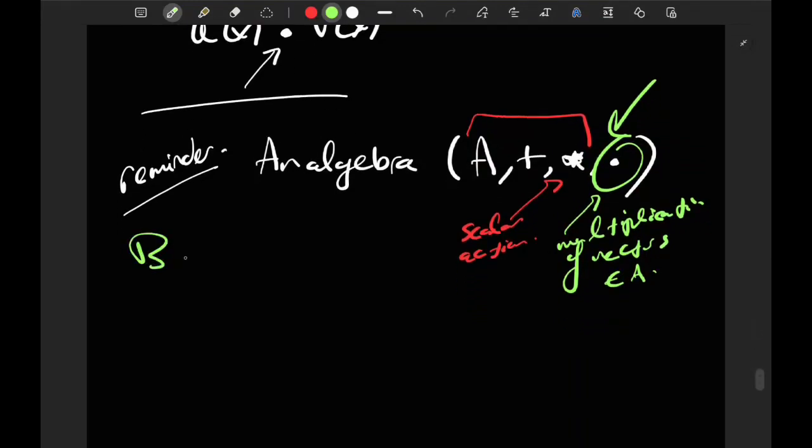A Banach algebra, on the other hand, is a specific kind of algebra.